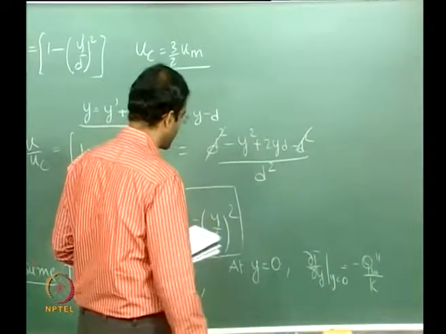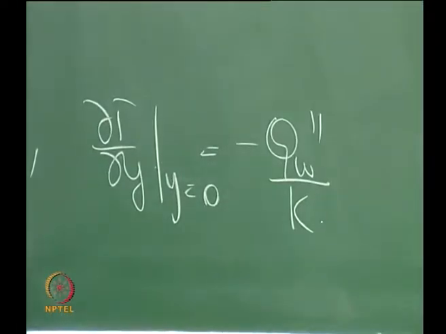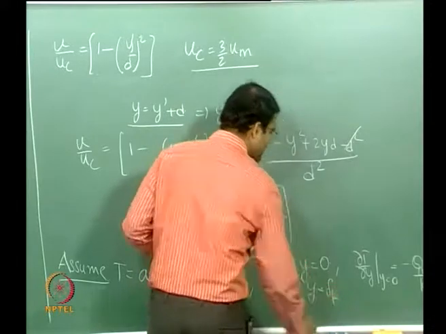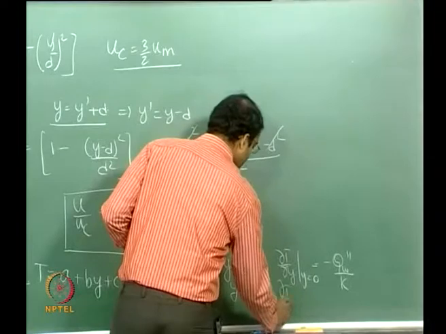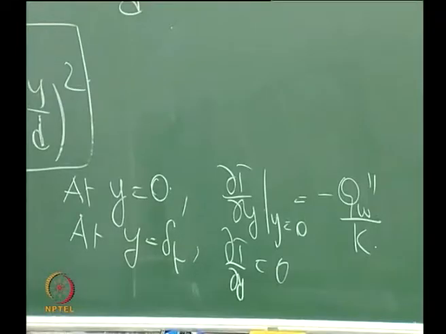This is one boundary condition. And what is the other condition? At y equal to delta t, dT by dy should be 0. So 2 boundary conditions.